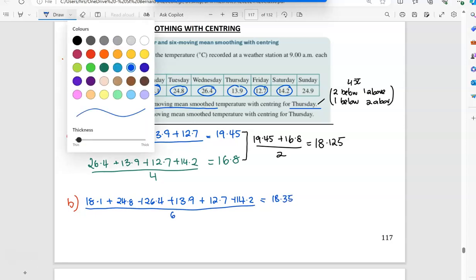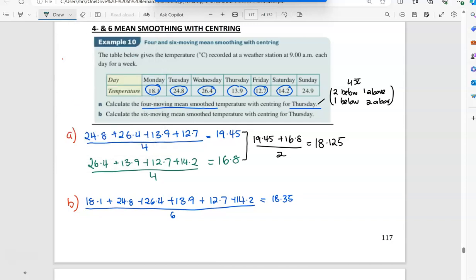And then on your second one, the green one, you've got Thursday. For this second option, I'm only going to go 2 below, and then I'll go 3 above it. Okay, so I'd have 24.8 plus 26.4. When you're doing it on your calculator, I would suggest you just go up and copy the equation before, and then just change the first value, because that's the only one that's different, and change it to the last one, if you get what I mean.